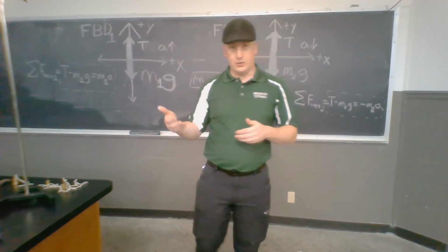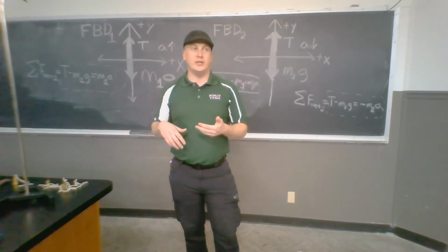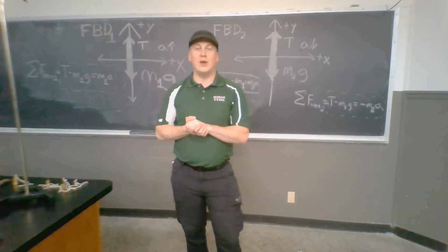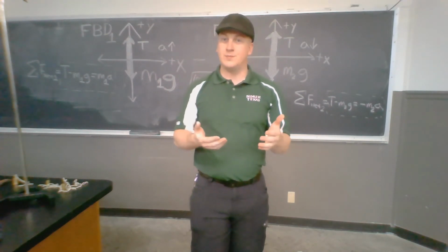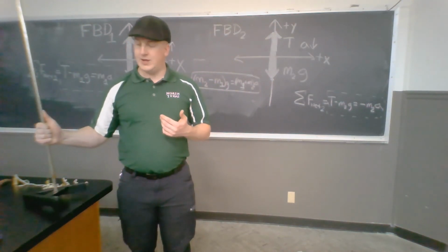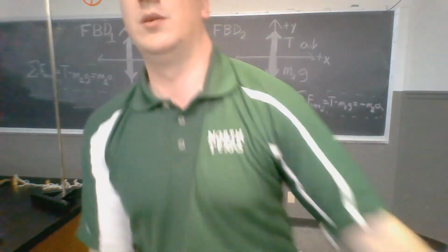So I can do this in two ways. One way, I'm a little hesitant about actually doing the graphing with it, because I don't want the mass to fall on our motion detector. The other way to see whether this is accelerating or not is to set up our little pulley system.